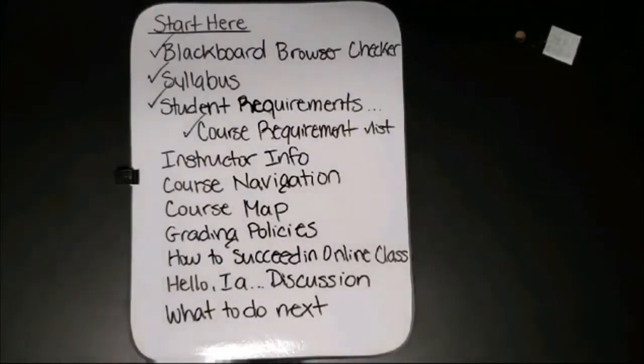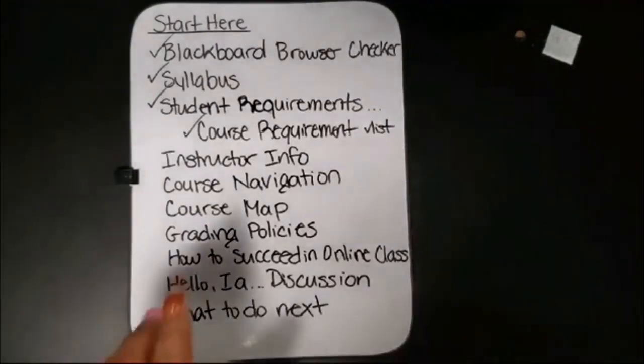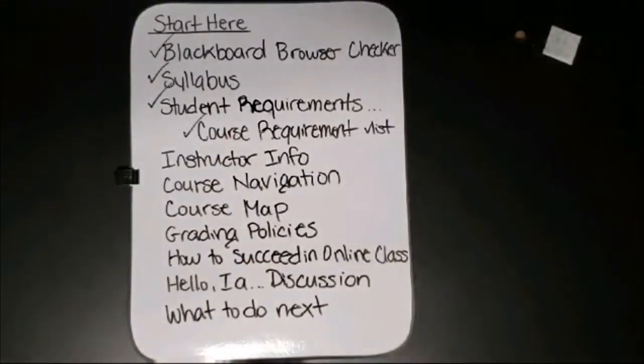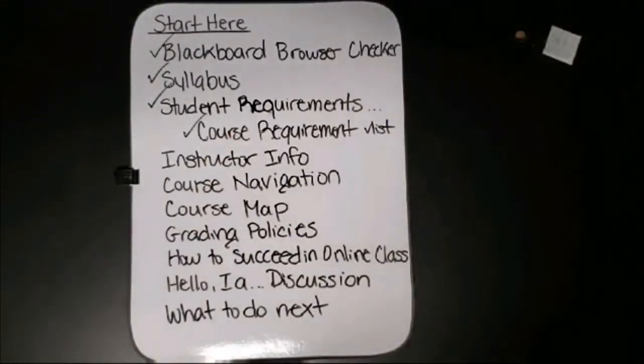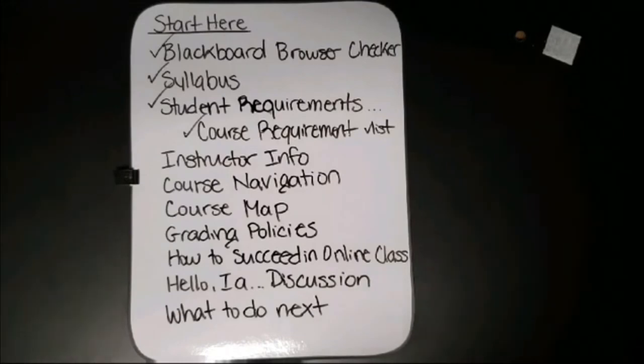If you're trying to get into the course documents right now, it's not going to open because you have not passed that test yet. This must be done, hopefully today, as soon as class is over.